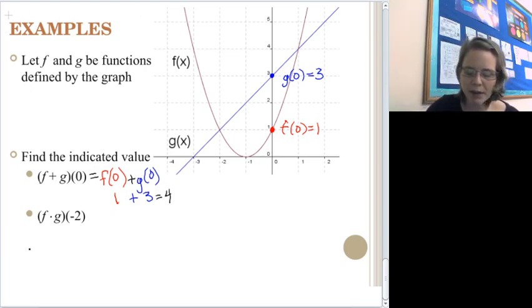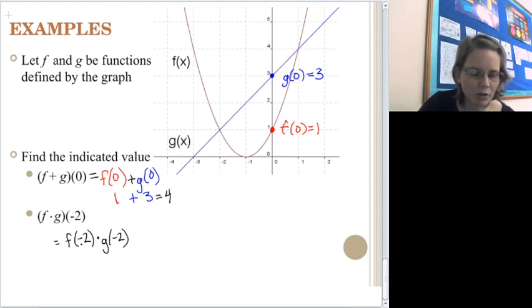Similar idea with multiplication, division, doesn't really matter. I'm going to use the same idea. So f dot g of minus 2 would be f of minus 2 times g of minus 2. Well, f of minus 2 means our y value when, sorry, when x is minus 2. So come over here, minus 2, right here on my function f.